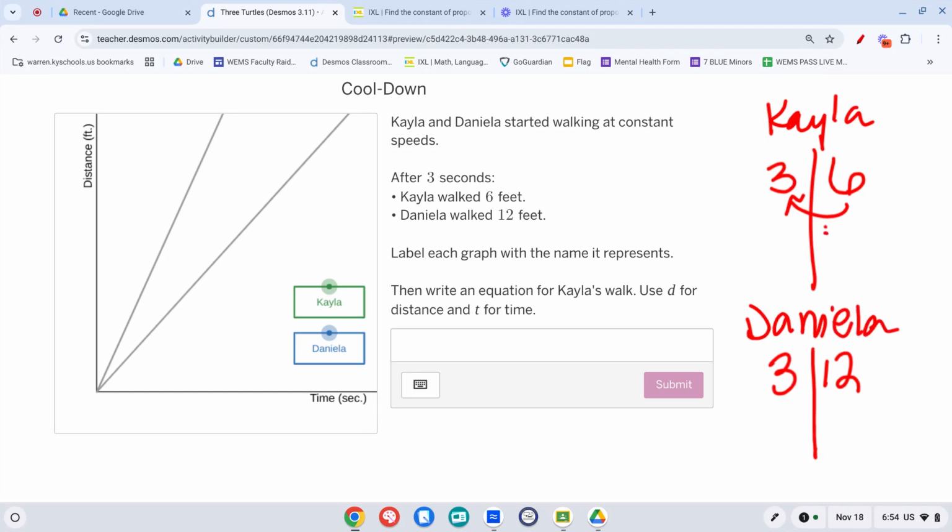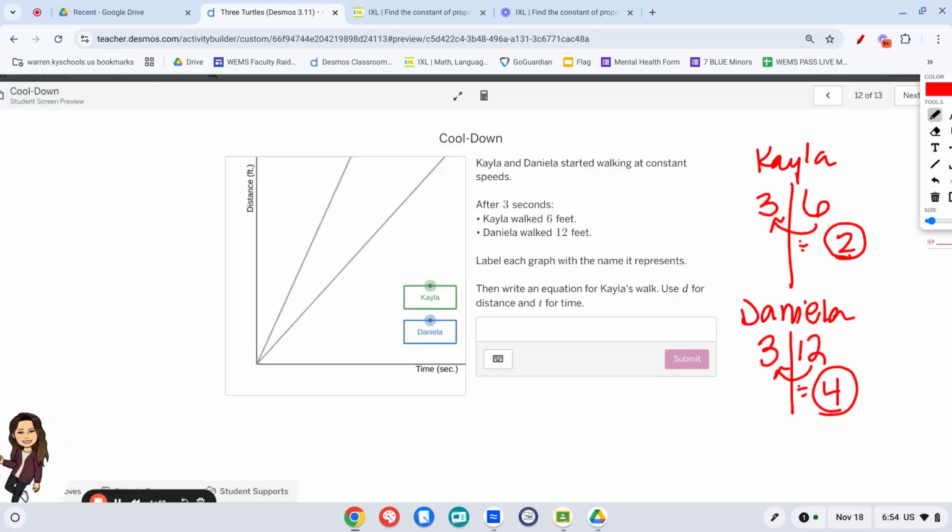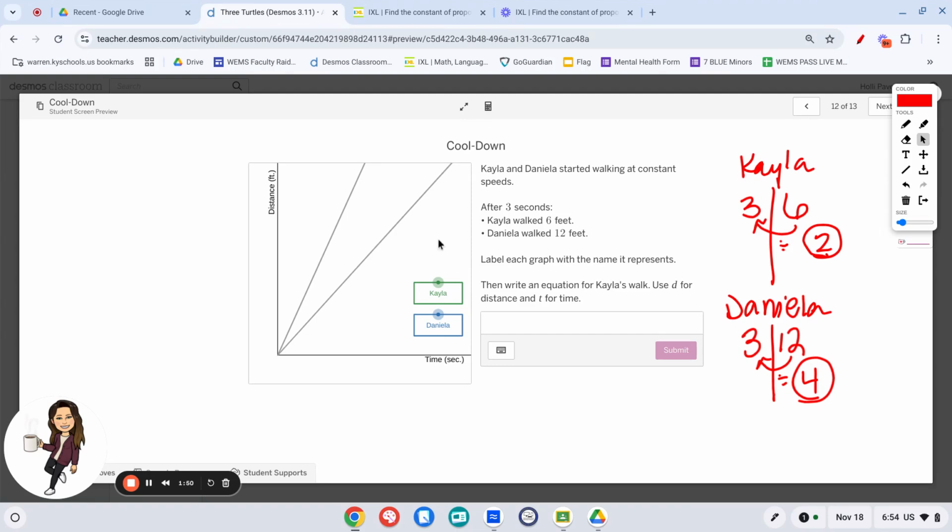Divide backwards. 6 divided by 3 is a constant of 2. Daniela, divide backwards. 12 divided by 3 is a constant of 4. So Daniela is going to be the person who's walking the fastest, so we would move her up to the steepest line. Kayla would be the less steep line.